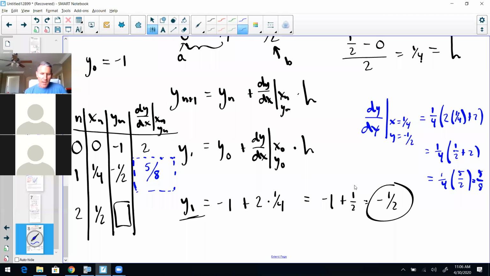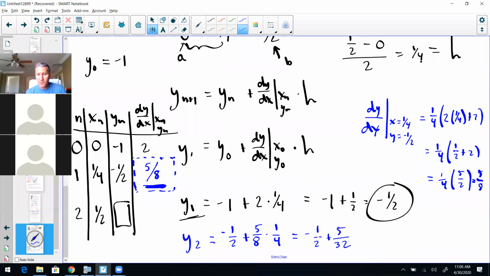So now I know that y sub 2 is equal to y sub 1, which is negative 1/2, plus the derivative evaluated at x sub 1, y sub 1, which is 5/8, times the step size, which is 1/4. So this is negative 1/2 plus 5/32.